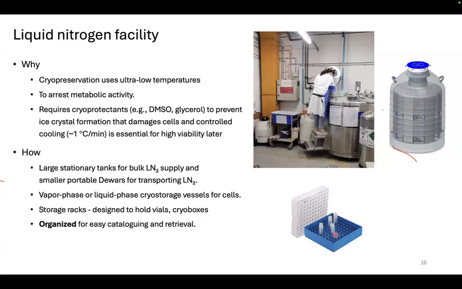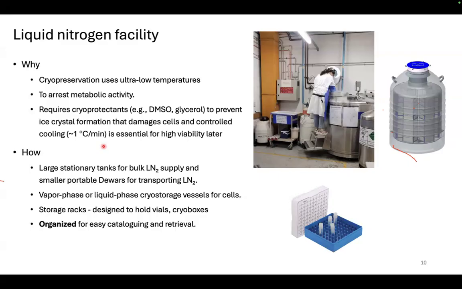-196. But there is a catch here. If you put them directly in -196 or even -80, that may not be great. So what you do instead is you have to bring them down in a controlled manner. You want to cool them in a controlled manner. If I keep them directly in the freezer, they're going to come to -80 super soon.